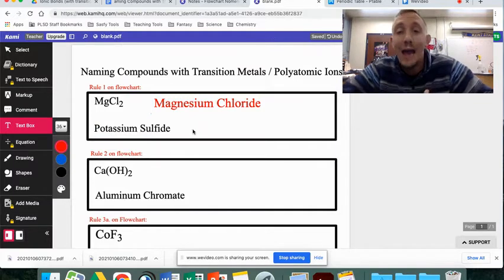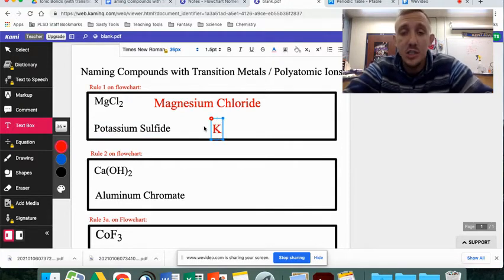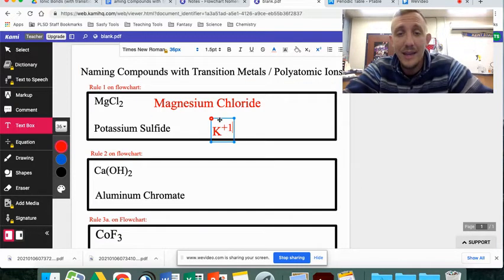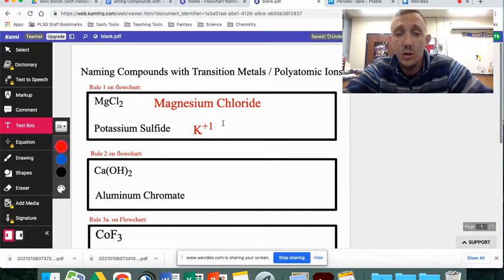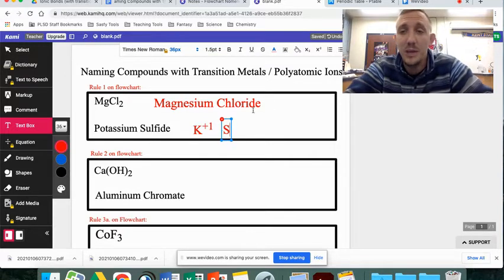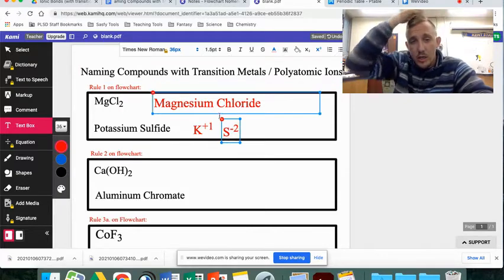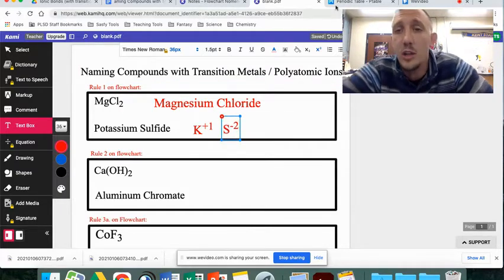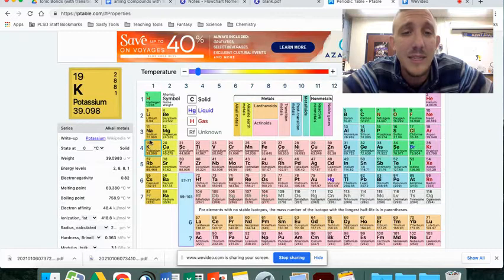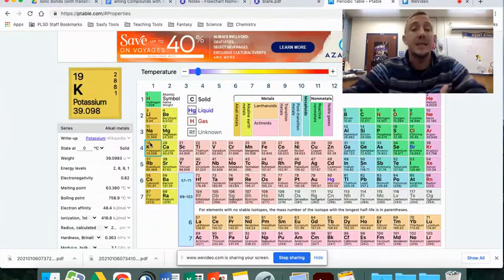Now, when we are putting the name, okay, what I want is the chemical formula. All right, and so you have to remember the charges: group 1, group 2, 3, 4, 5, 6, 7, and 8. Okay, so you have to remember the oxidation numbers. So if I look, I have potassium, which is going to be a +1, and then I have sulfur, which is going to be a -2. Okay, and so just a quick little review. If you guys look on the periodic table, potassium's in group 1, which means it has 1 valence electron.